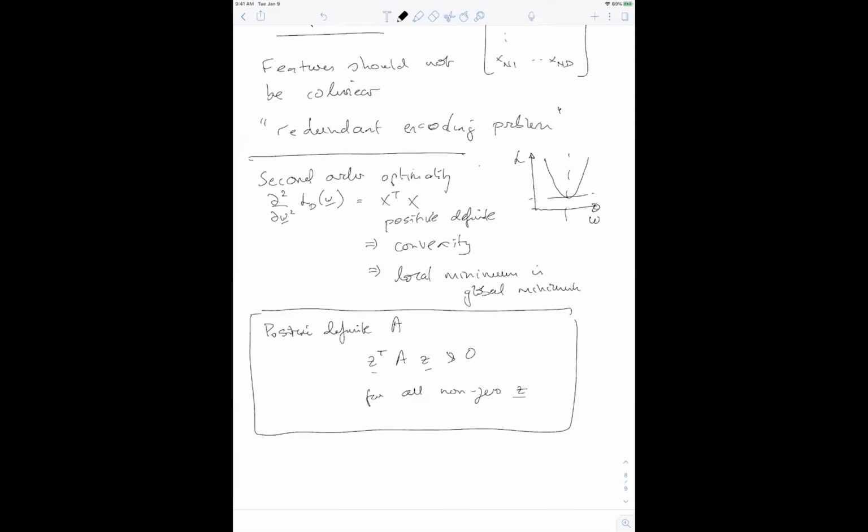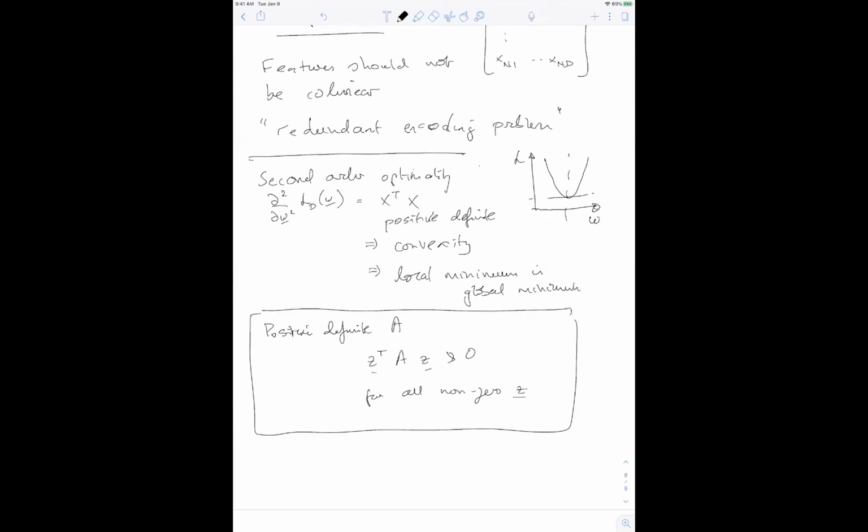This redundant encoding is just a word used in machine learning for the idea that, for example, you could remove the gender feature from your data, but still be able to recreate the concept of gender from the other features. That's why we would say that gender is redundantly encoded by other features in the data.